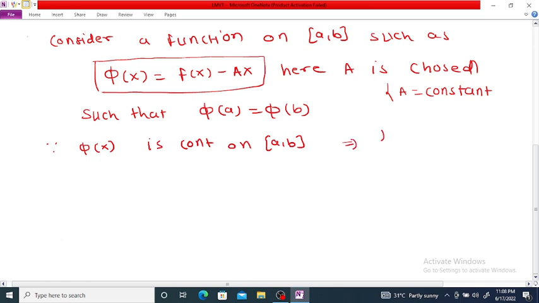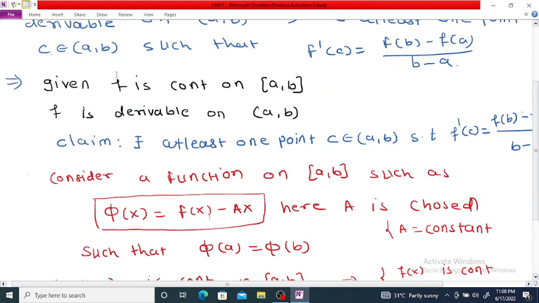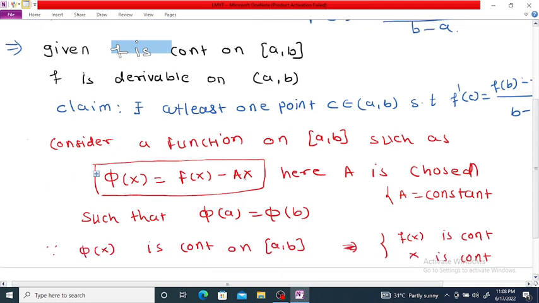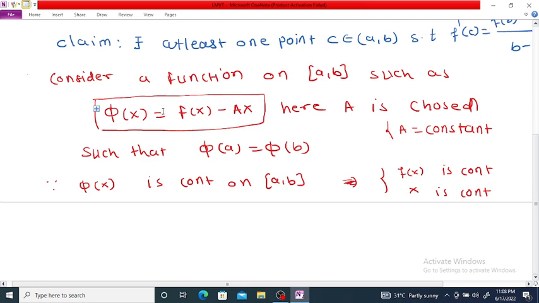The reason is that f of x is continuous, given here, and x is a continuous function, so a x is also continuous. So f of x minus a x is also continuous. This implies phi of x is continuous on [a, b].